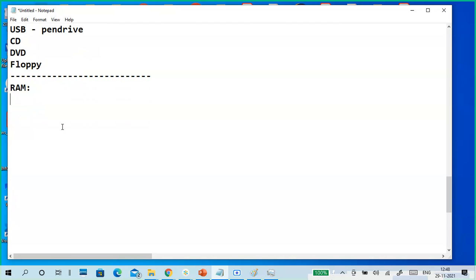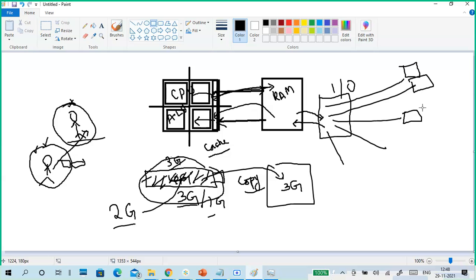Guys, listen carefully. What is the RAM? Already I showed in a picture. Whenever the devices or storages, secondary storages like a hard disk, CD-ROM or floppy disk, or maybe a keyboard or monitor, are connected through IO devices to RAM only.